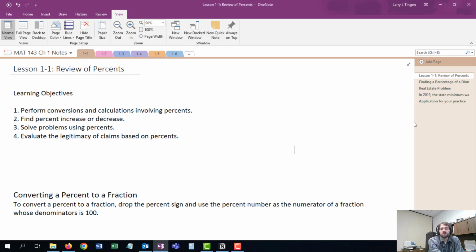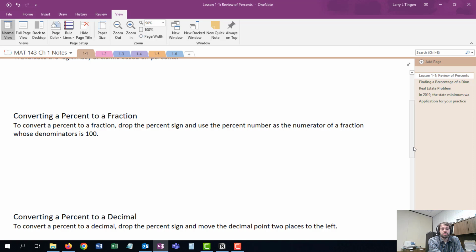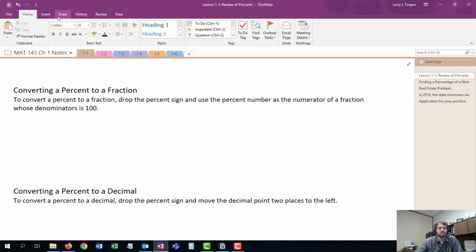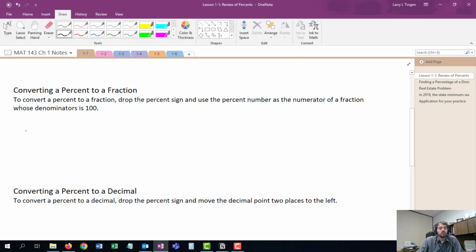So let's dive right in and let's talk about how you convert a percent to a fraction. To do that, you just drop the percent sign and then rewrite it as a fraction with a 100 in the denominator. So for instance, 73%.